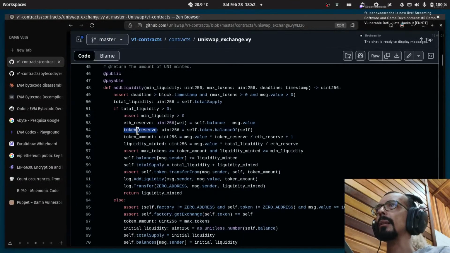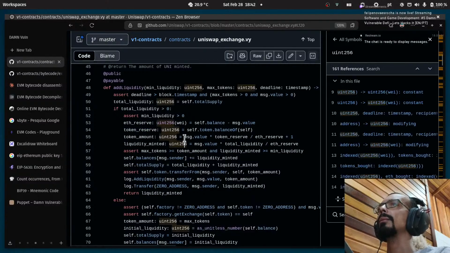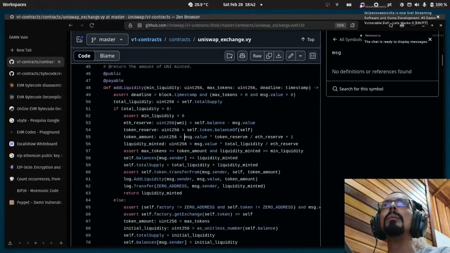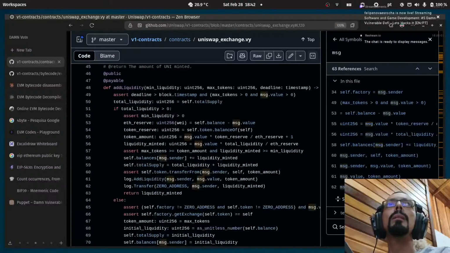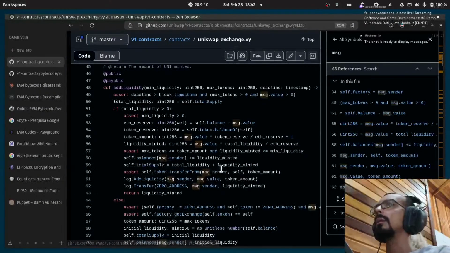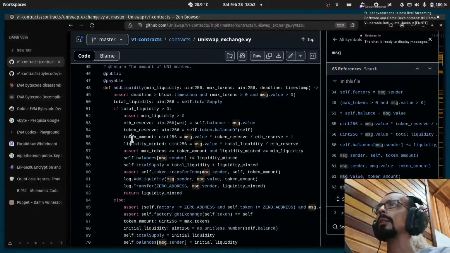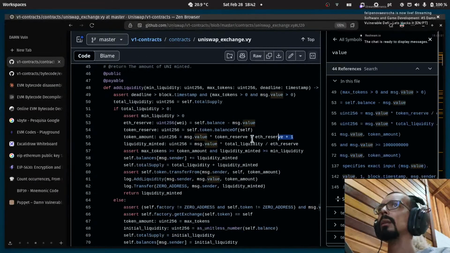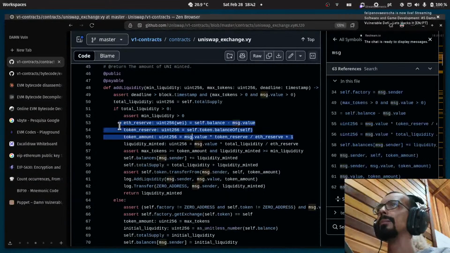Then we have the token amount. That's the value plus the token reserve divided by the Ethereum reserve. So let's plus 1. I don't know why they have plus 1.